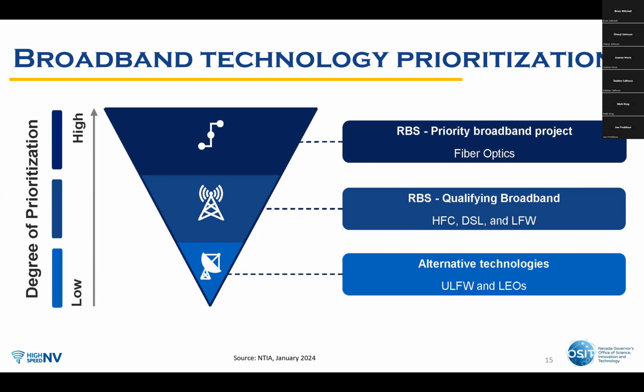And then finally, lowest priority for those locations where the higher priority technologies are not feasible because there are no applications or there are no affordable applications, alternative technologies, unlicensed fixed wireless, and low Earth orbit satellite. That is the federal prioritization. This graphic is taken from an NTIA document that was released early this year.